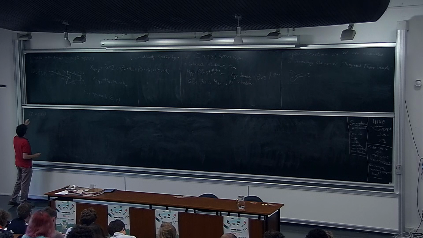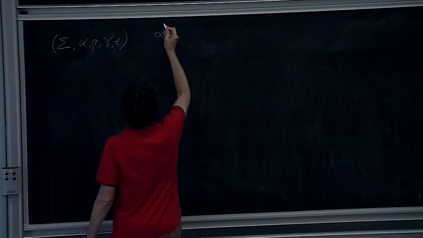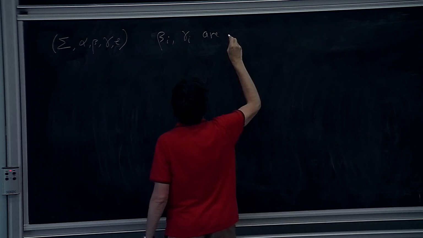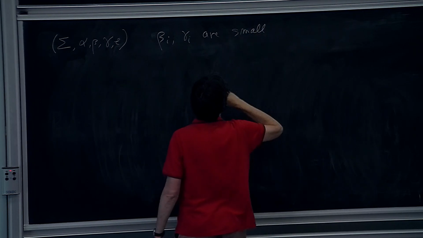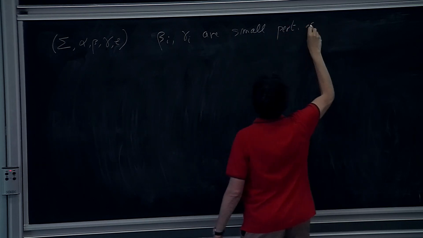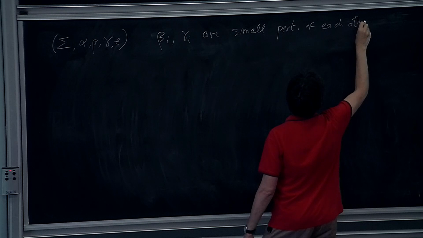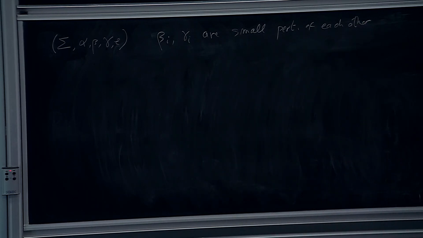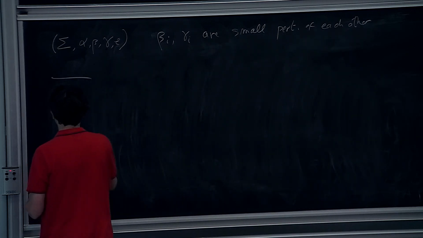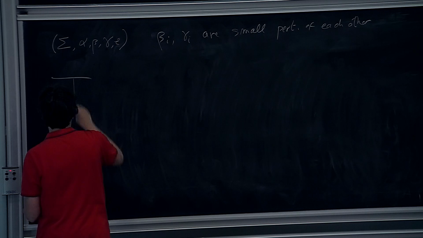So let's take alpha, beta, gamma with the property that beta I and gamma I are small perturbations of each other. And when I say small perturbation, I don't just mean small. I also want the two to intersect in exactly 2 points. So it's the picture I've drawn many times.